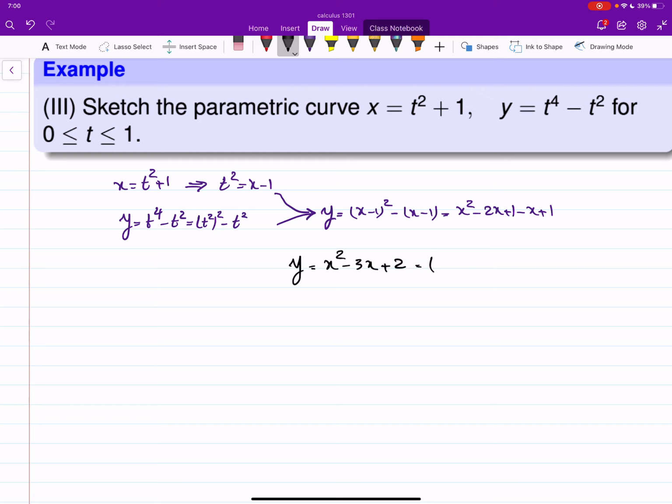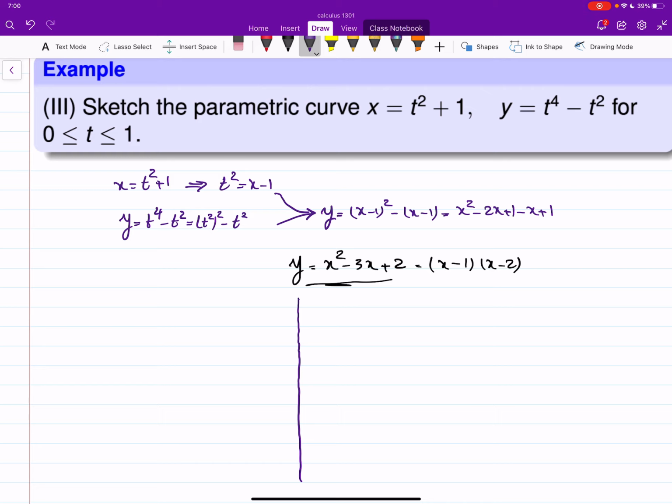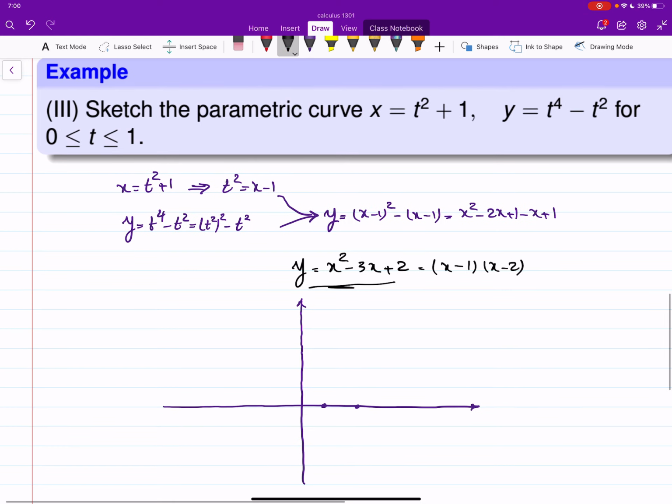Note that this factors as (x minus 1)(x minus 2), and that's obviously a parabola looking upward. Okay, so I can go ahead and draw an upward parabola like that, with x equal to 1 and x equal to 2, and there's a vertex somewhere in the middle. It is looking upward, so it is going to be approximately something like this.